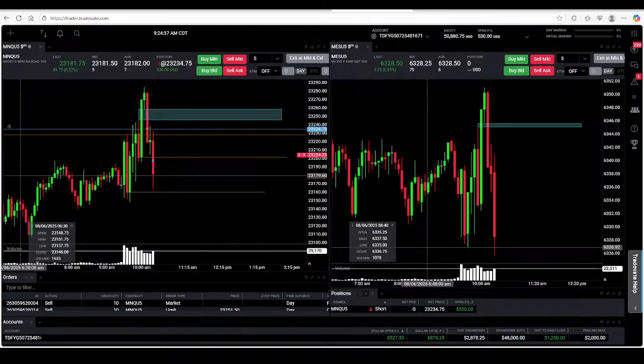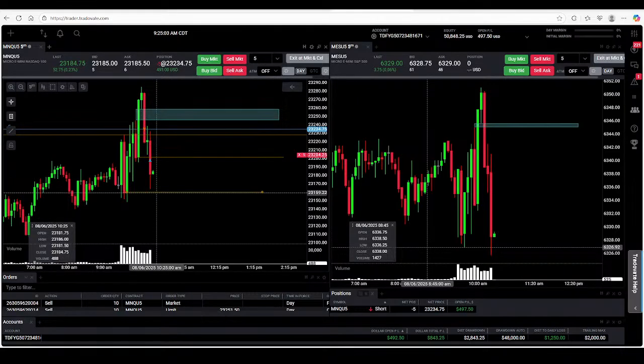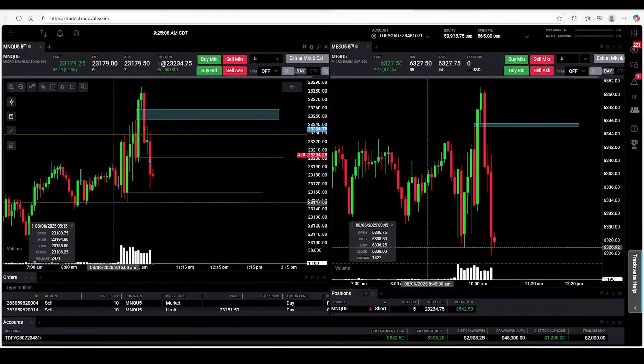Still really want to give this thing room to breathe. Like I said, would love to see a new intraday low a day here. Would love to see that be made.